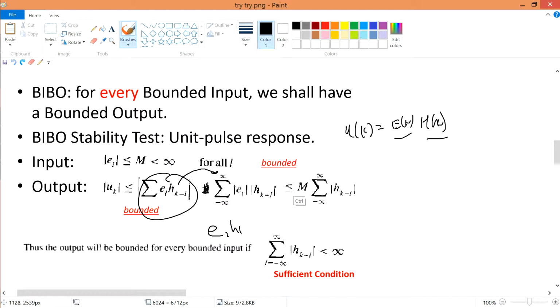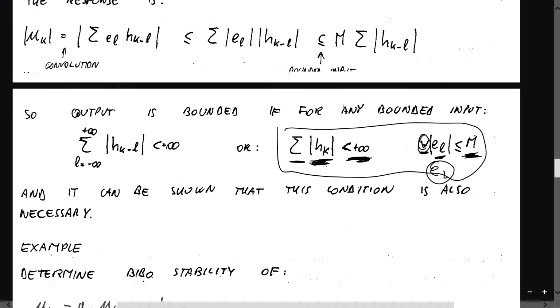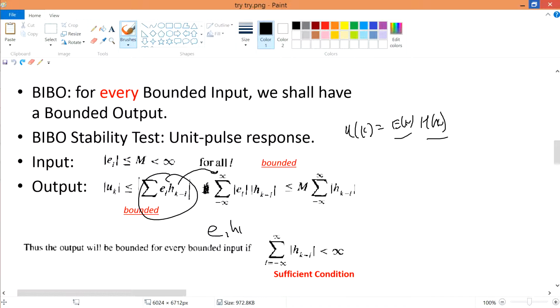But anyway, this comes to the last part of this, where we are going to jump into another page, which is this one. Your summation of HK minus L over here comes from here. Where's my pen? I will make a thicker one.